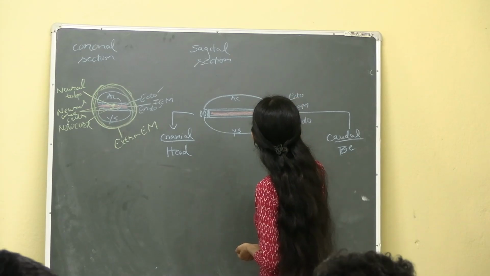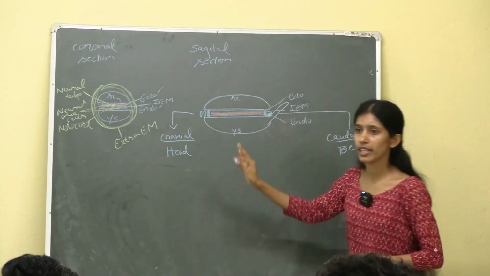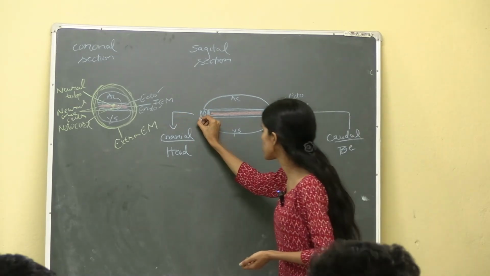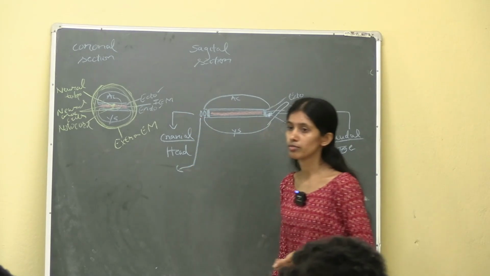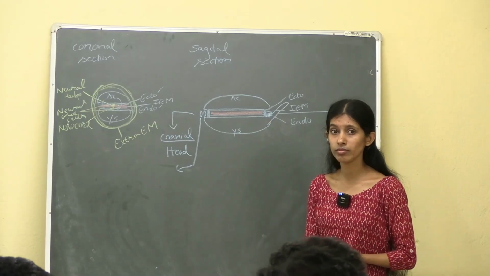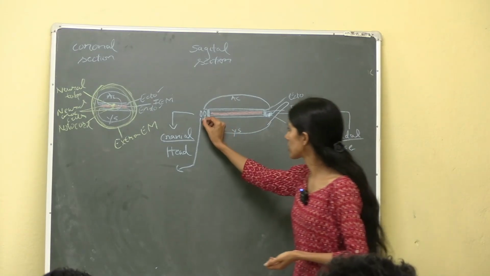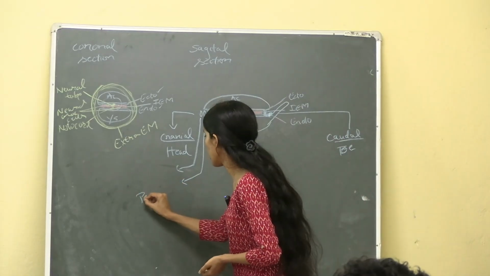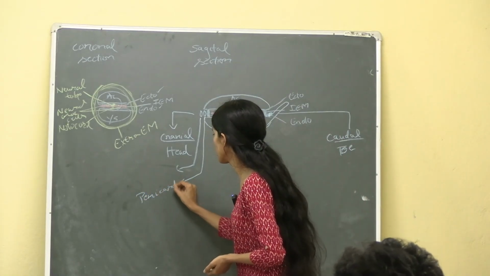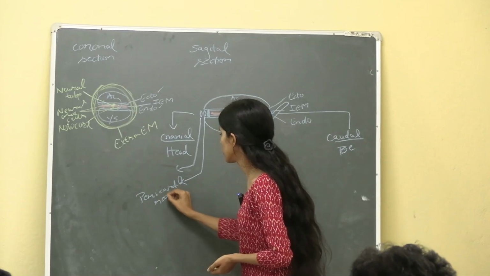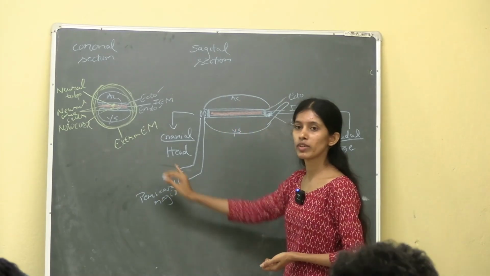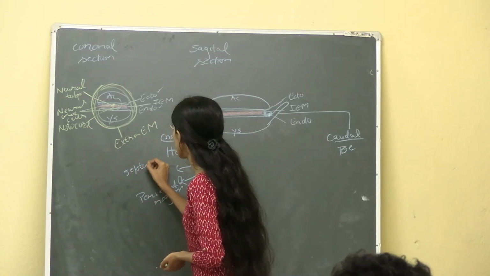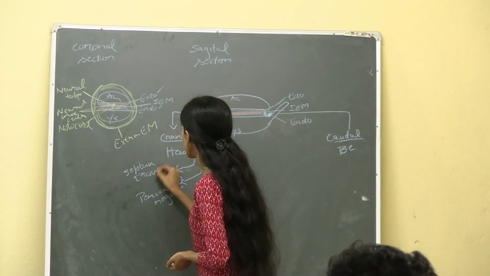On the cranial end, or the cranial most end, we have the first important structure, that is septum transversum.